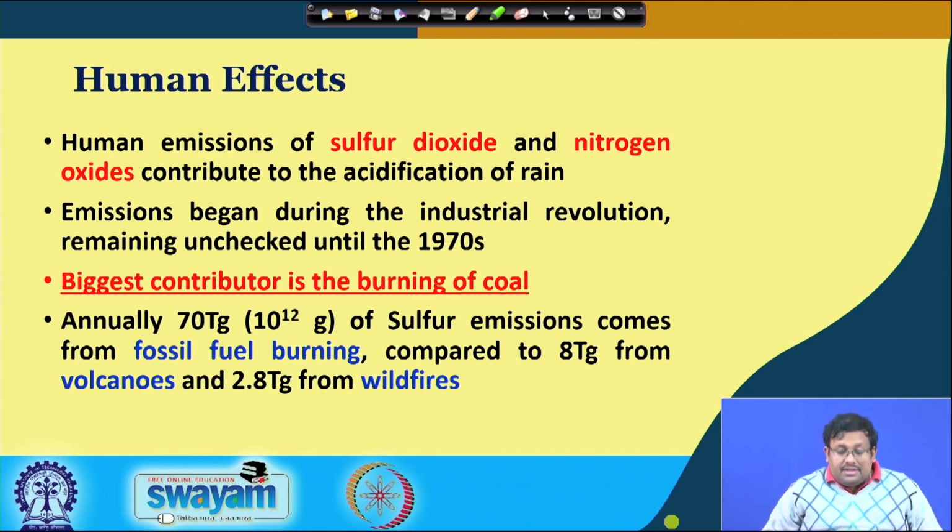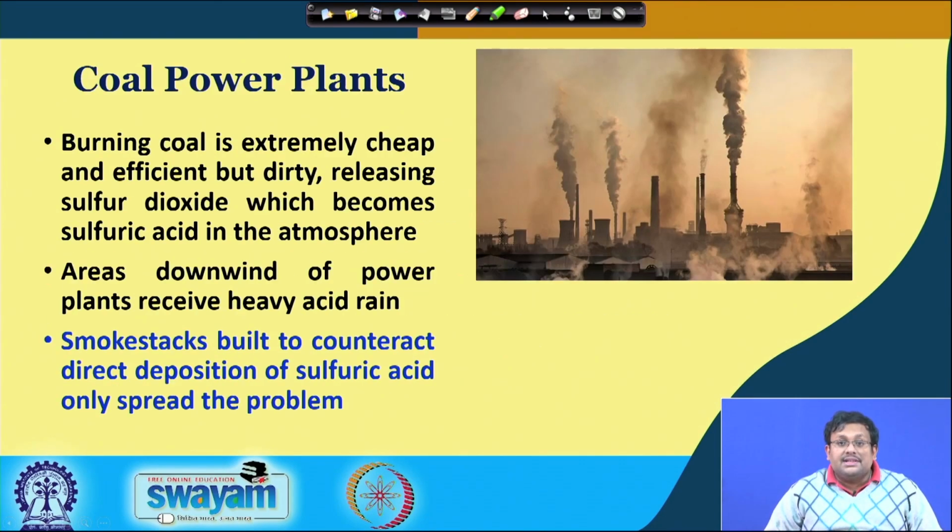Annually around 70 teragrams of sulfur emissions come from fossil fuel burning, compared to 8 teragrams from volcanoes and 2.8 teragrams from wildfires. That shows the impact of human anthropogenic influences in producing acid rain, which is a very important consideration as far as environmental pollution is concerned.